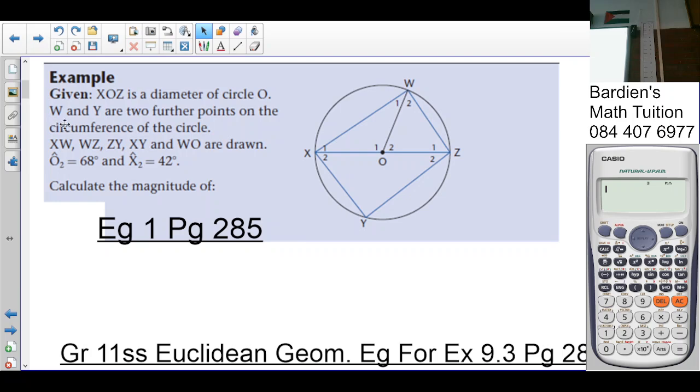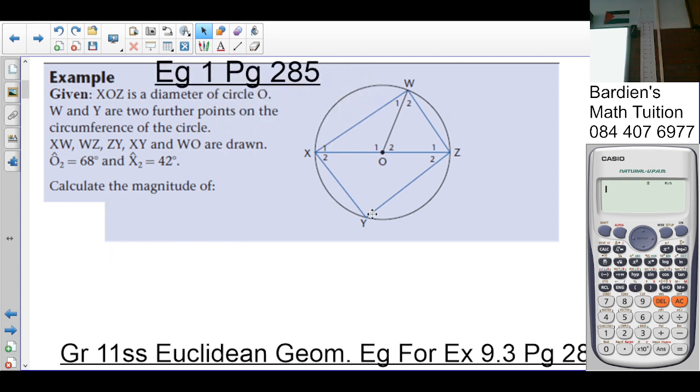Then we are told that W and Y are two further points on the circumference of the circle. WX, WZ, YZ, XY, and WO are drawn.